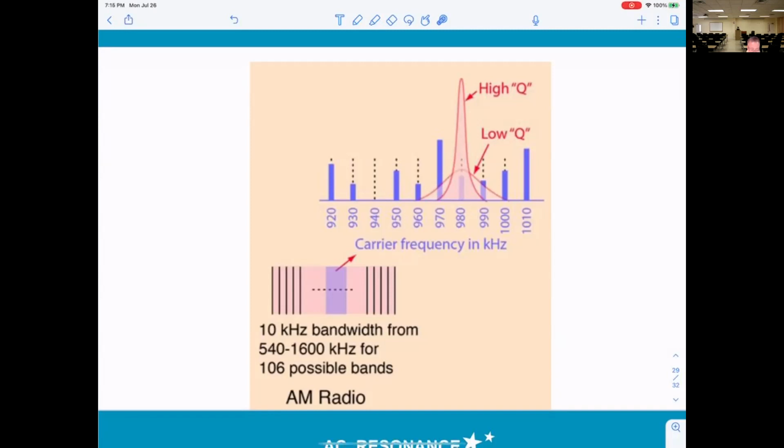Yeah, you look in here, you can recognize. High Q, you select 980, and it only displays 980. However, with low Q, they display 970 and 990 here. So that's why you get much noise from interference from the other channels.